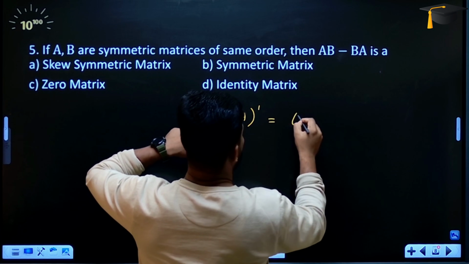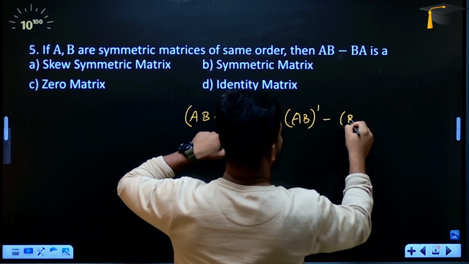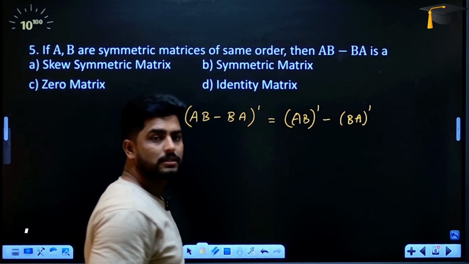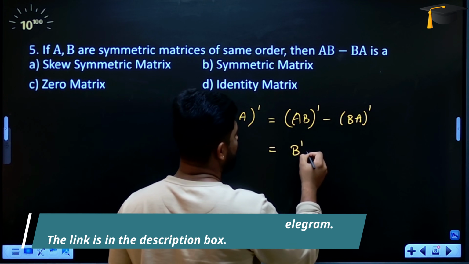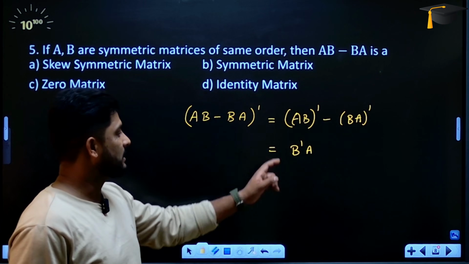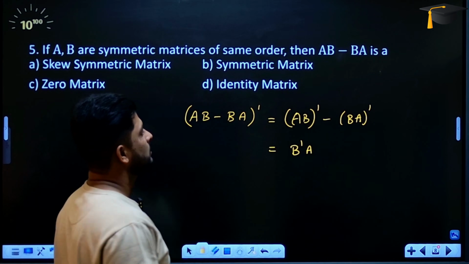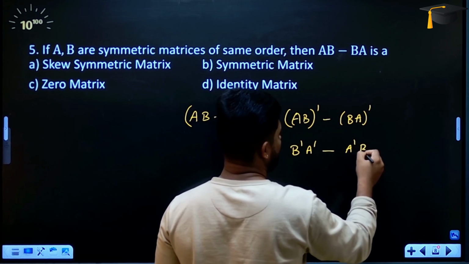So this becomes the transpose of AB and minus the transpose of BA. Next, the transpose of AB, I'm sorry, I'm using the word inverse, it's not inverse, it is actually transpose, is B dash A dash. So it becomes B dash A dash minus A dash B dash.